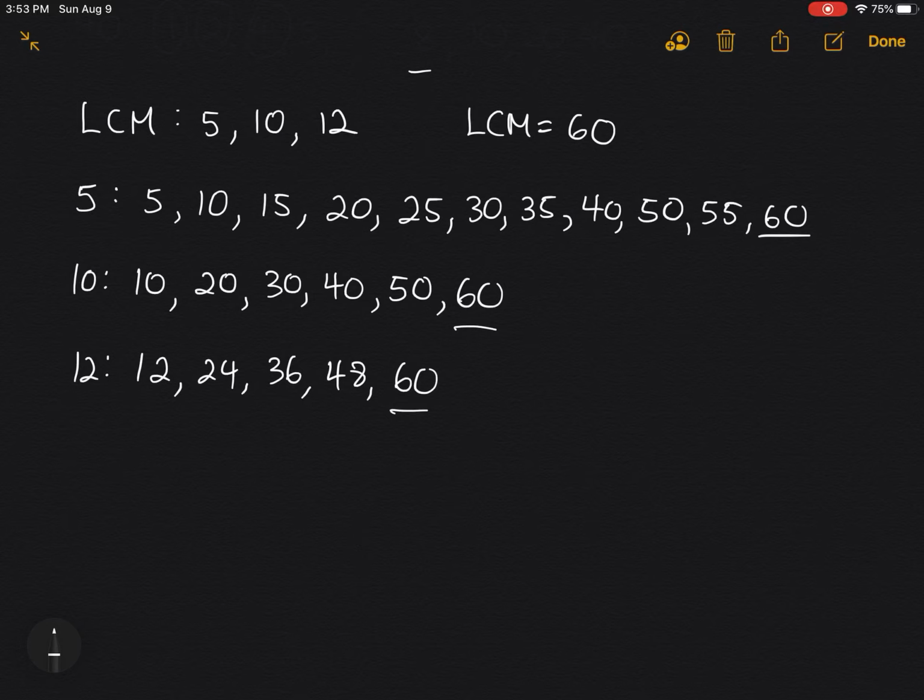Some of you may get confused about when to use lowest common multiple and why it is greatest common factor. The reason there's no such thing as a greatest common multiple is that you can continue counting multiples until infinity. So you can't have a greatest common multiple because it will just continue on and on forever.